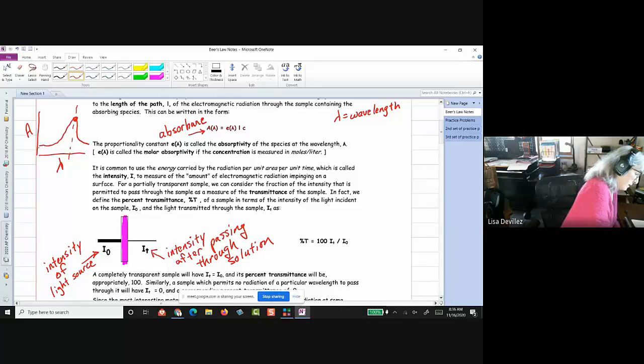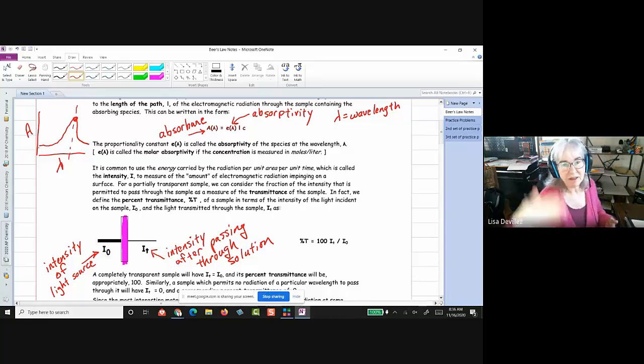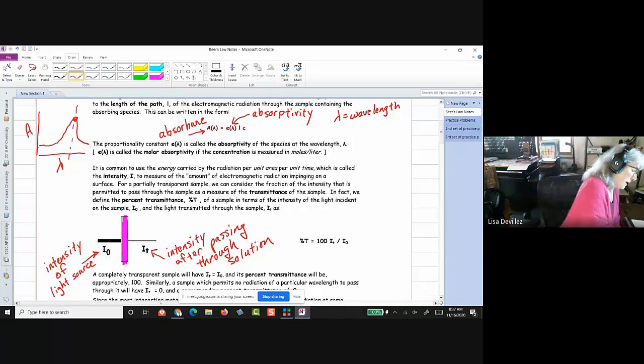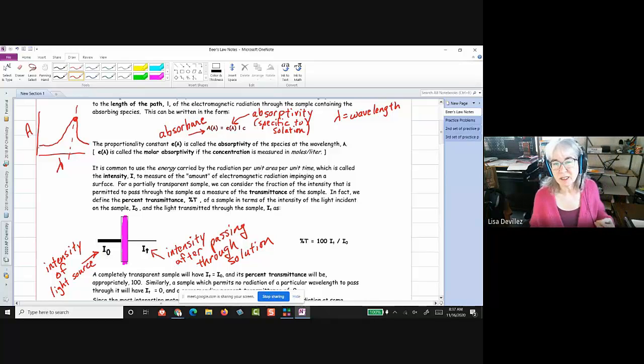And then this right there is what they call the absorptivity. This is all in the writing. I'm just trying to pull the key things out of these notes for you. The key thing about that is that it is specific to the solution. Each solution is going to have this characteristic which looks at how much light it absorbs at that particular wavelength.